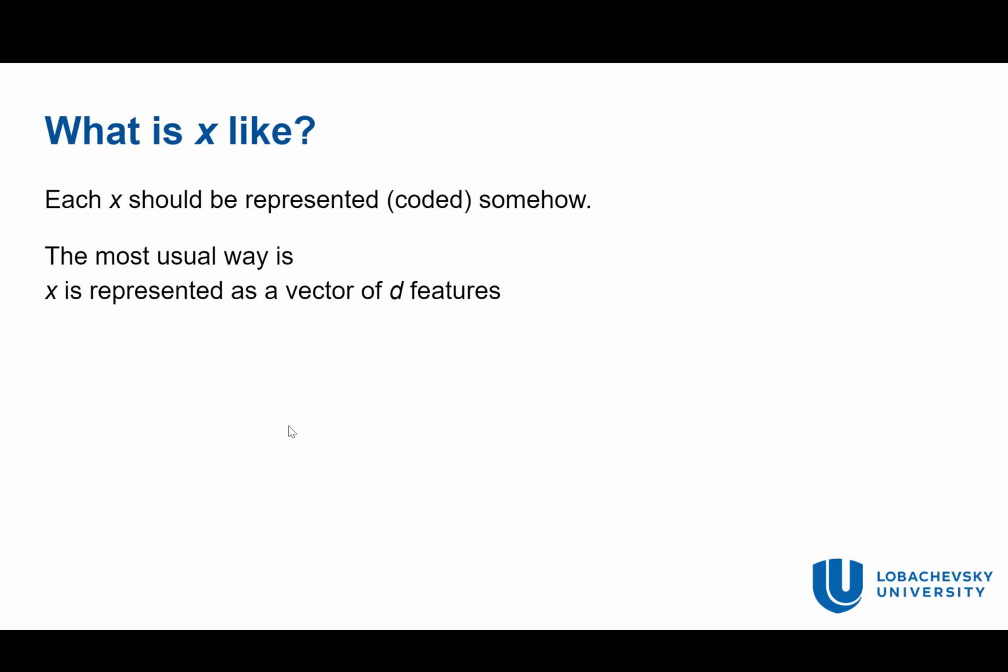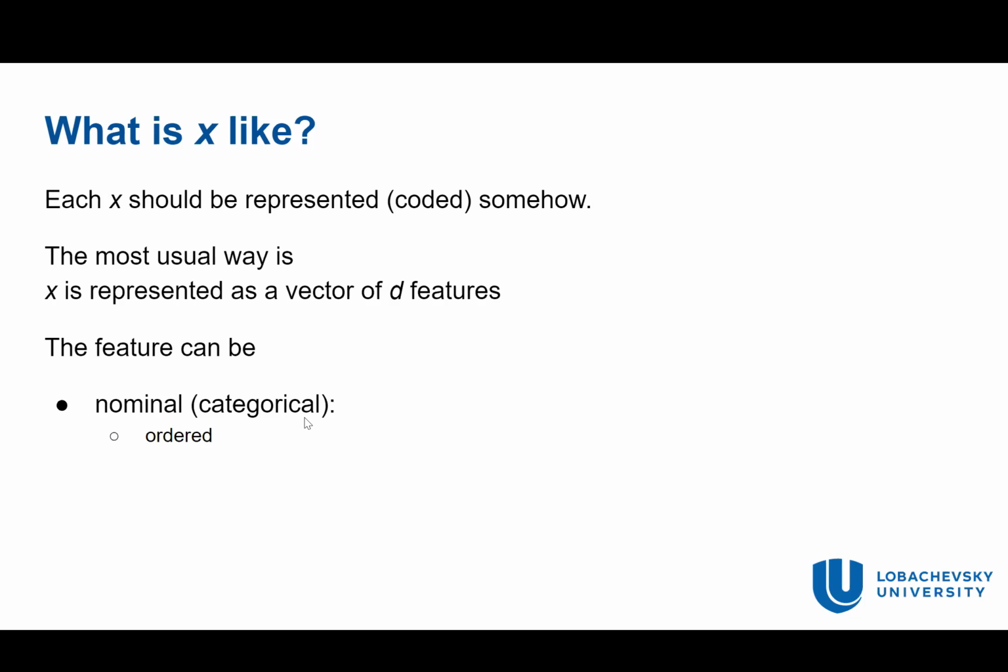And now, what is x like? Each x should be represented or coded somehow. The most usual way is the following. x is represented as a vector of d features: x1, x2, x3, and so on, xd. And each feature can be nominal or numerical.